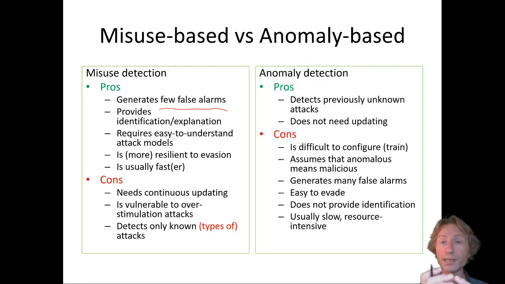If this is in the network traffic, we know it's that attack. If this is happening on our system, we know it's that attack. Moreover, we know that it's an attack, and we know exactly which attack it is and what is going on. It provides, in other words, identification and explanation. And it requires really easy to understand attack models.